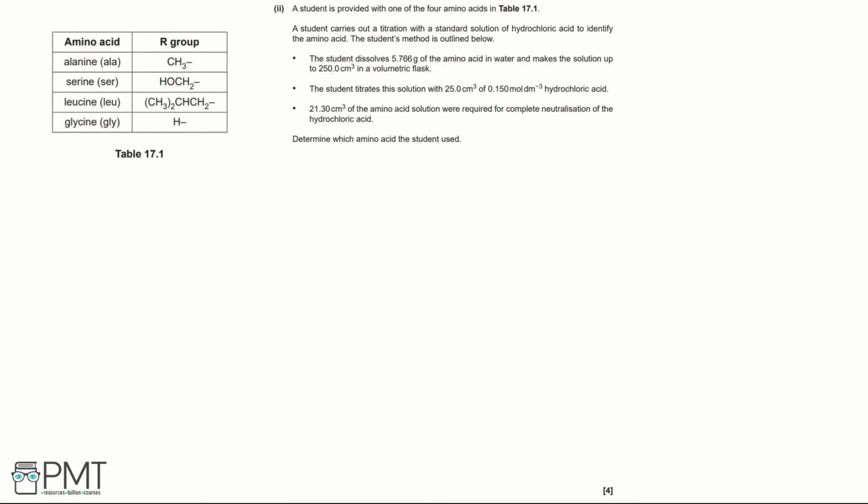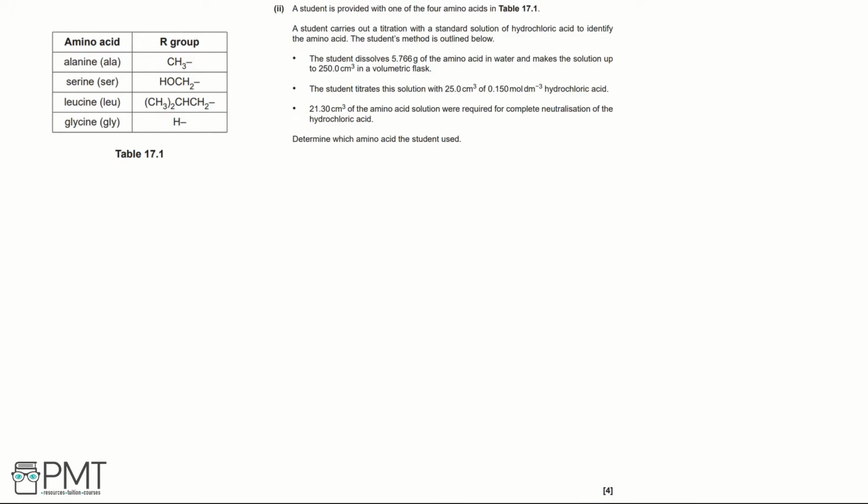Part 2. A student is provided with one of the 4 amino acids in table 17.1. A student carries out a titration with a standard solution of hydrochloric acid to identify the amino acid. The student's method is outlined below. 1. The student dissolves 5.766 grams of the amino acid in water and makes the solution up to 250.0 centimeters cubed in a volumetric flask.